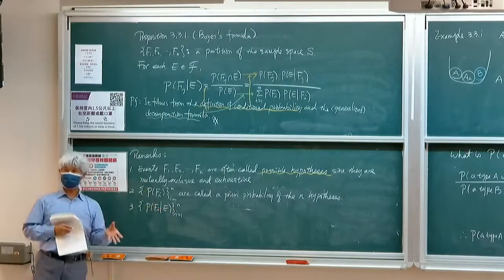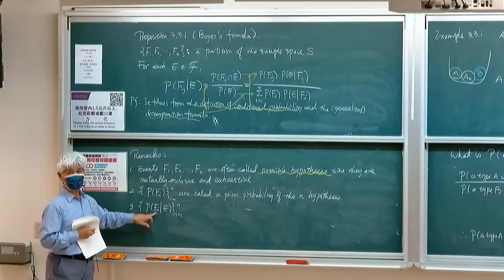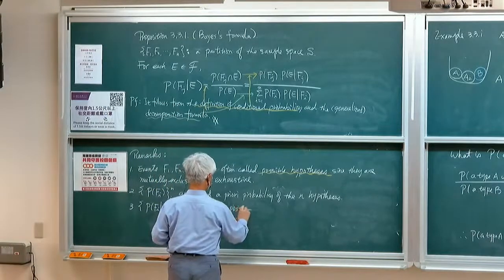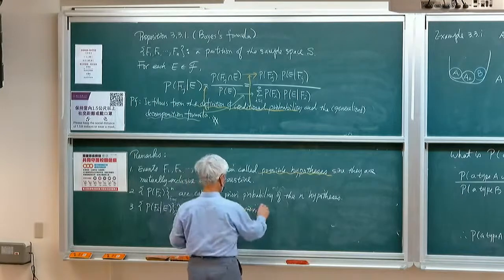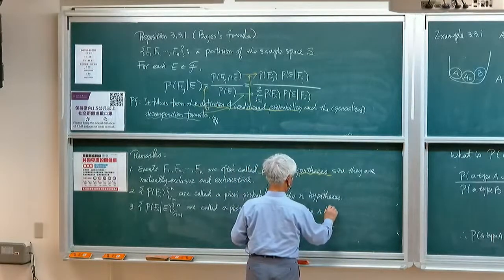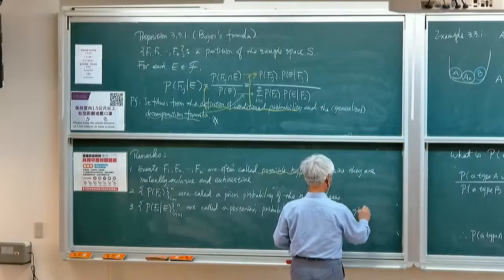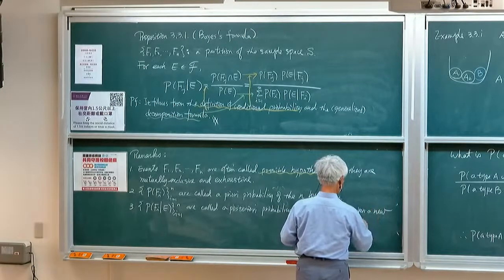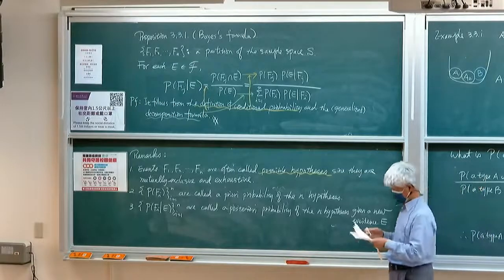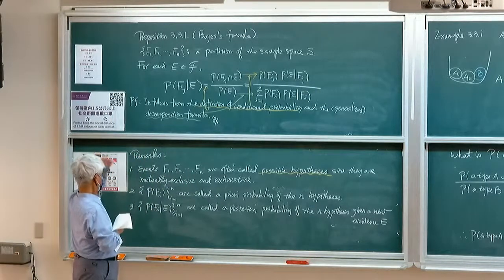So given a new evidence E, right, these conditional probabilities of the n hypotheses are called the a posteriori probabilities of the n hypotheses given a new evidence E. Okay.